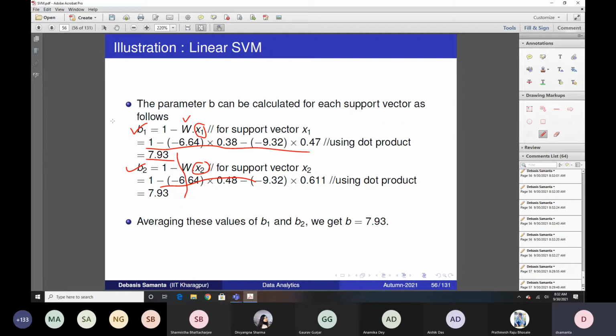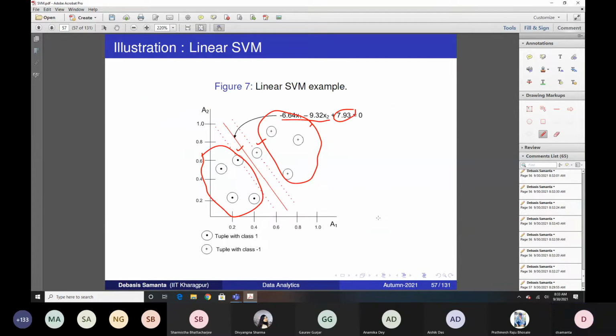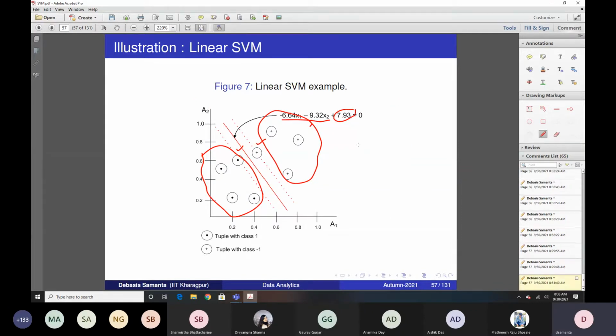So in this case, even if we take the average of the two values, B will be calculated as this one. Therefore, we are able to calculate all the unknown parameters so far as the hyperplane is concerned, namely W and B. And therefore, this is the equation of your hyperplane, and that is the problem that we have solved.